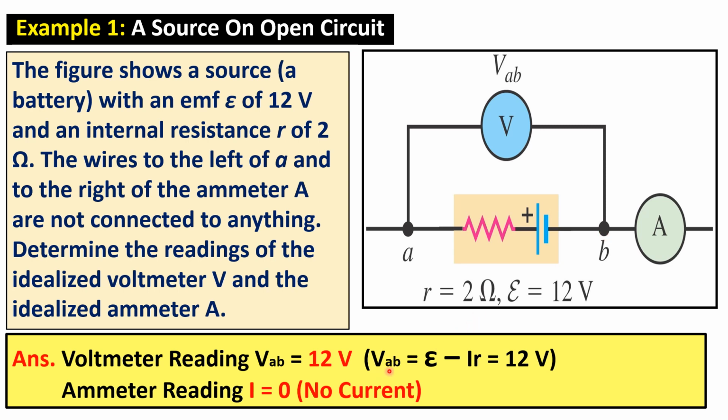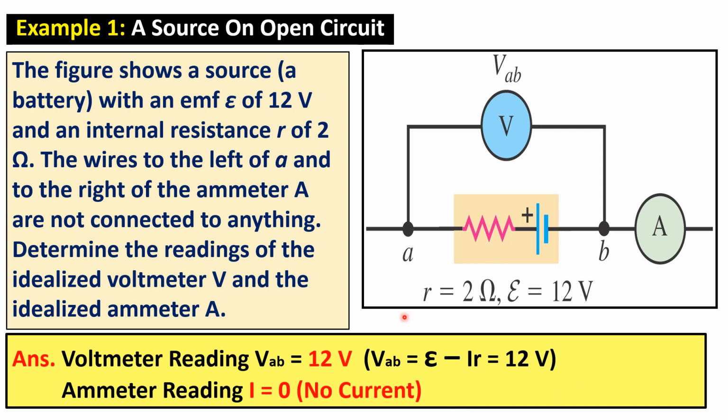And that is equal to the EMF minus the product of the current times the internal resistance, small r. But the fact that there is no current passing through this internal resistance r makes that product equal to zero.